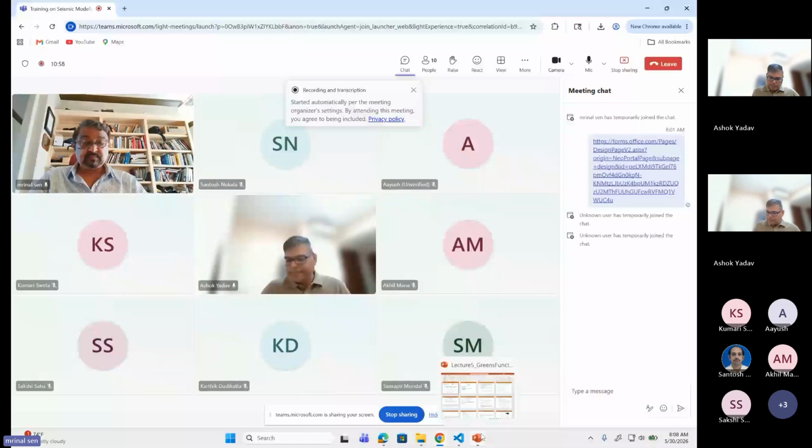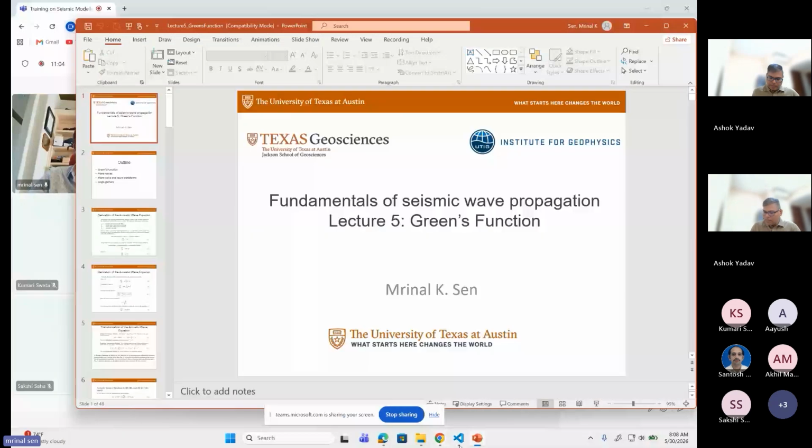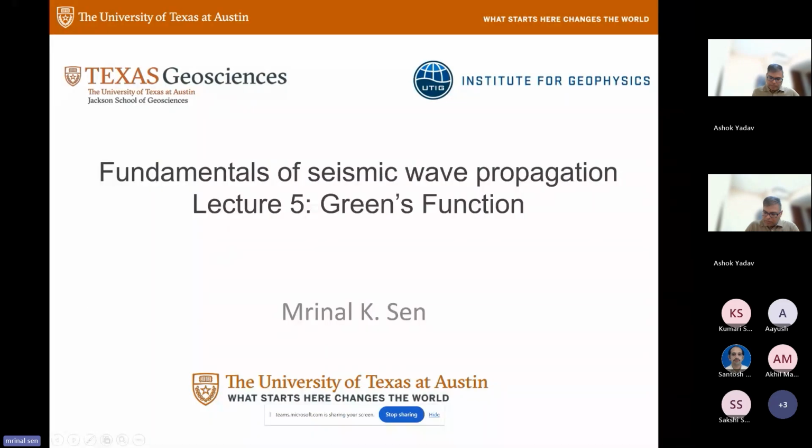In the first lecture, we will basically look at something called Green's function. There are some concepts that I'm going to describe here, which are very, very important. That is why I wanted to start with the discussion on Green's function, that is the fundamental solution to the wave equation.